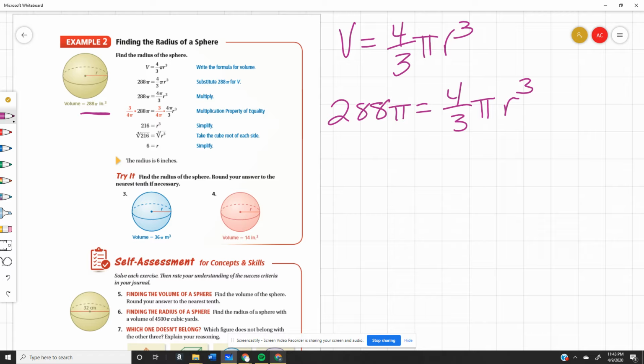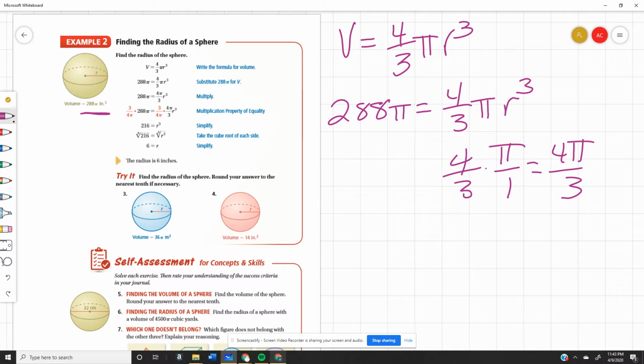And then what we're going to do is use the multiplicative property of equality, and we are going to multiply both sides by 3/4. How can I explain this? If I had this as 4/3 times pi over 1, then it would be 4 pi over 3.